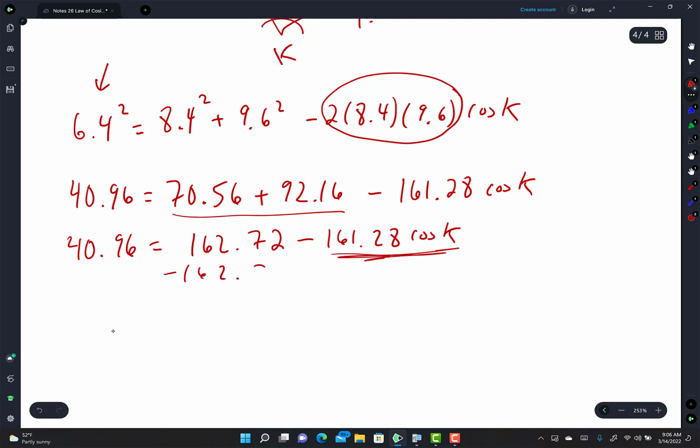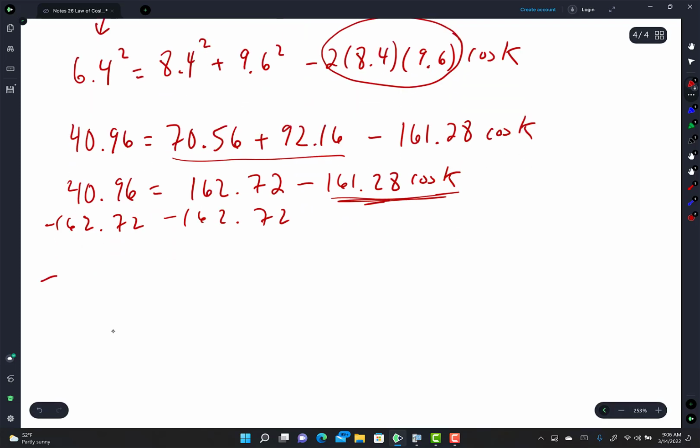Subtract 162.72 from the 40.96. What do you guys get? Negative 121.76 equals negative 161.28 times cosine k.